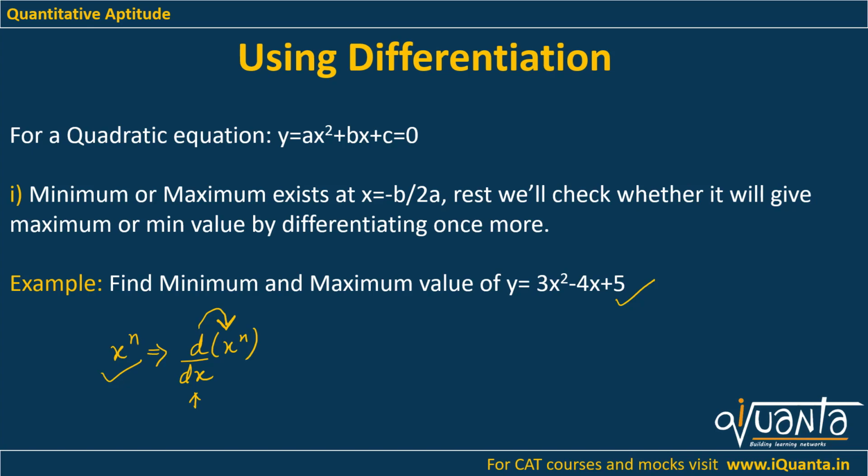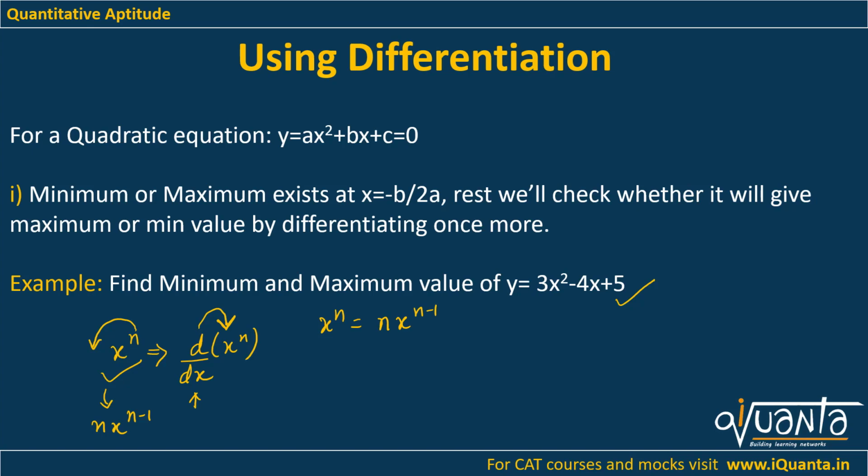So differentiation of x to the power n is nothing but we shift this power in front of x, okay? That means nx, and we reduce the power of this x by 1. So earlier the power was n, now it will become n minus 1. So differentiation of x to the power n is nx to the power n minus 1.